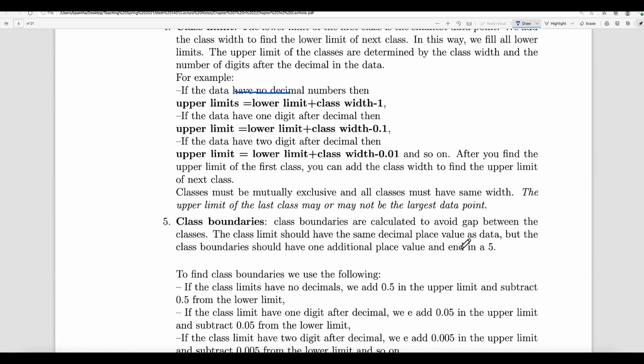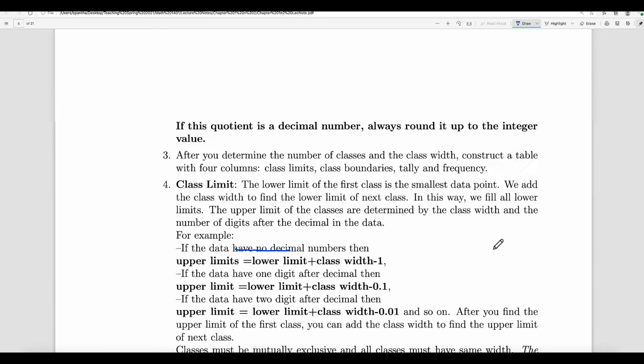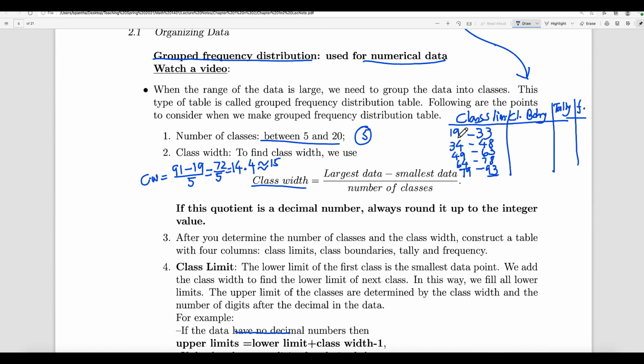Okay, so how do we find the class boundaries? The class boundaries are calculated to avoid the gaps between the classes. Look at this. The data on the first class, anything between 19 and 33, including 19 and 33, falls on the first class. 34 through 48 falls on the second class.